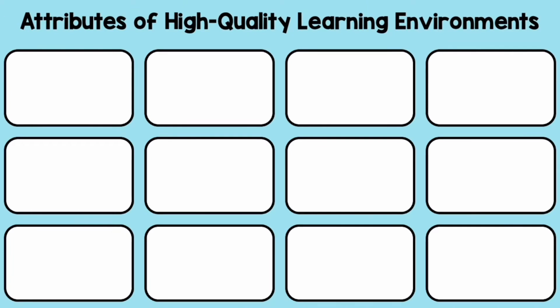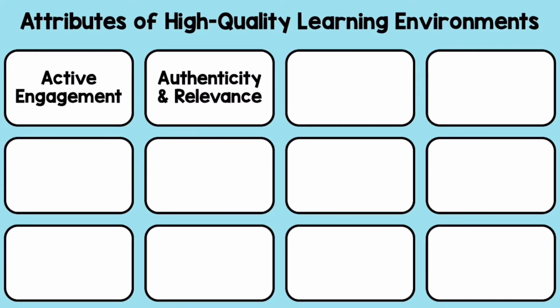There are many attributes of high-quality learning environments. The first one you might see is active engagement with the students. The content that is being delivered is authentic and relevant.